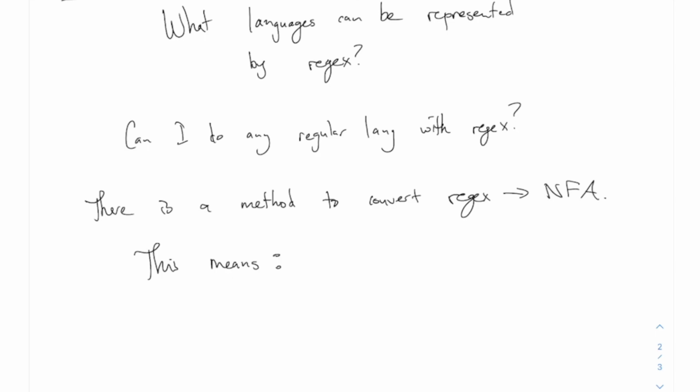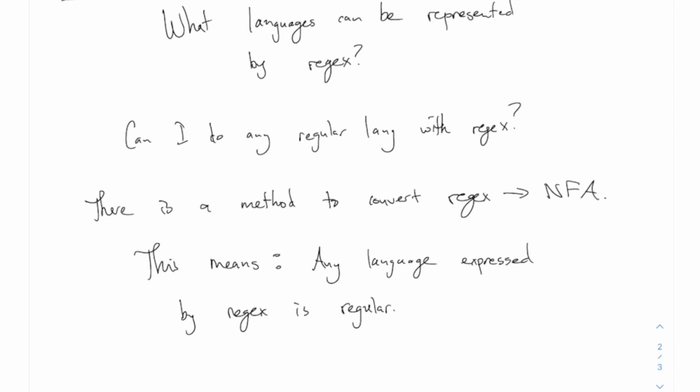Now, it may not be that you could take any NFA and turn it back into a regular expression, but it is true that any language expressed by a regular expression is regular, right? Because you can do it also on an NFA, and the things you can do on an NFA, those are called the regular languages.